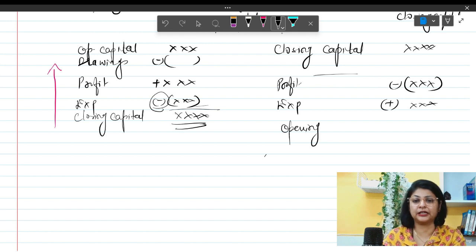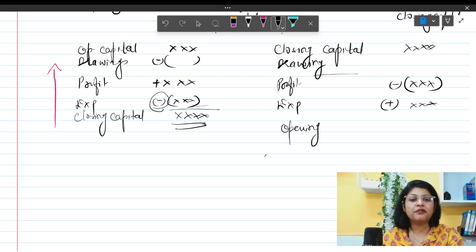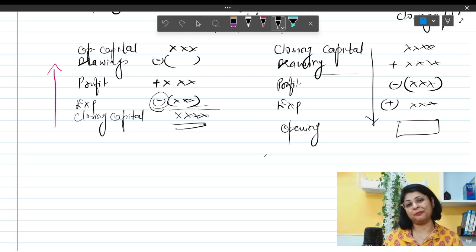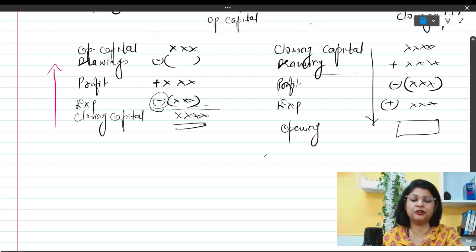Drawings are originally deducted, but to do the reverse working we will have to add the amount of drawings. So like this, from here we are reaching our opening capital. So any of this kind of information may be given to you in the question, where you will have to find out either opening capital or closing capital.